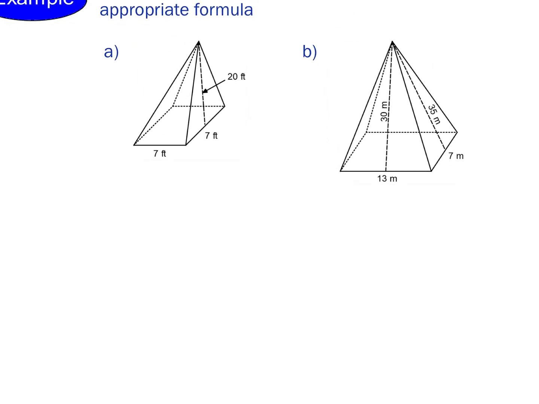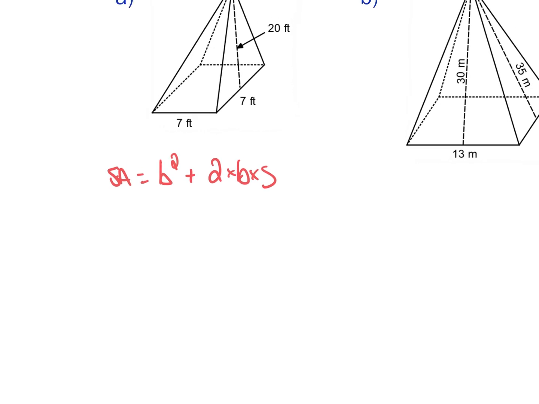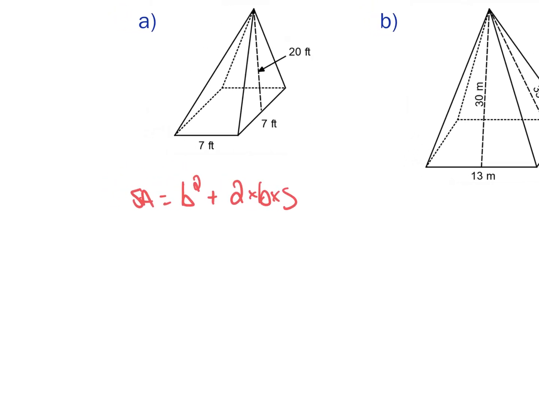So the formula for that would be B squared plus 2 times B times S. What's B? So it's 7 squared. B is still 7, so it's 2 times 7. What's S? 20. Thank you.